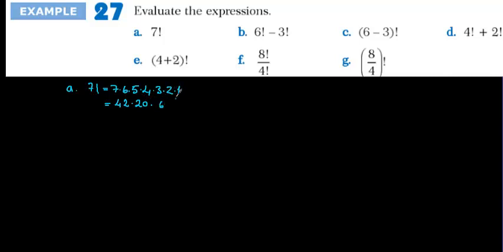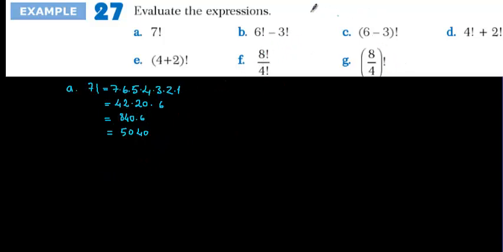And we are going to find the value here. 42 times 20 is 840, and 840 times 6 is going to be equal to 5040.